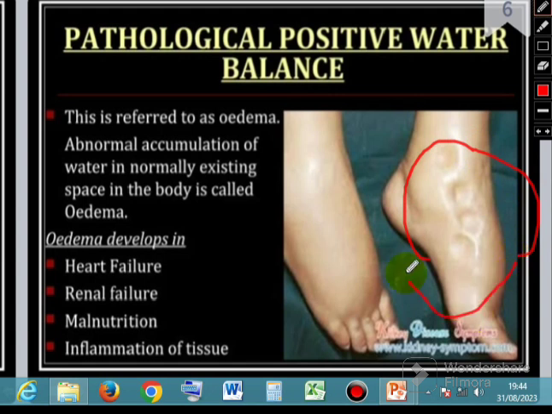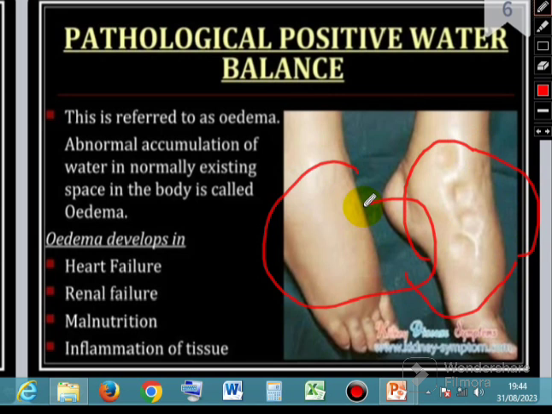And then you know that the water content of that person is not balanced. Edema can occur in clinical conditions such as heart failure, renal failure, malnutrition, and inflammation of tissues.